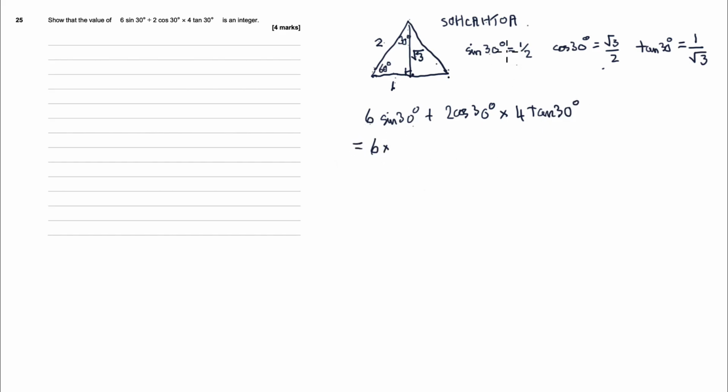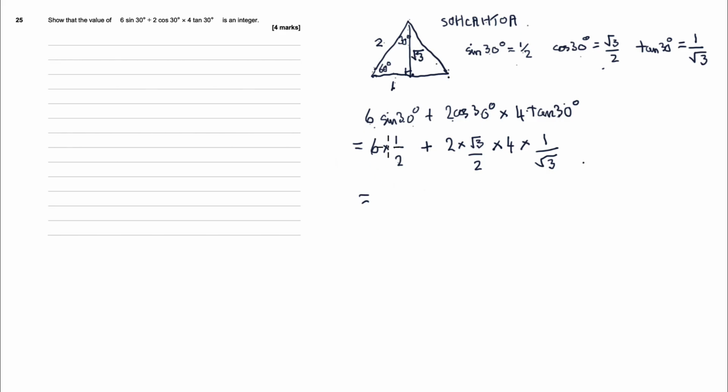So we know that sine 30 is exactly 1/2, so that would be 6 lots of 1/2 plus 2 lots of cos 30. Cos 30, the exact value is √3 over 2 times 4 lots of tan 30. Tan 30 degrees, exact value 1 over √3. So with 2 terms added together.